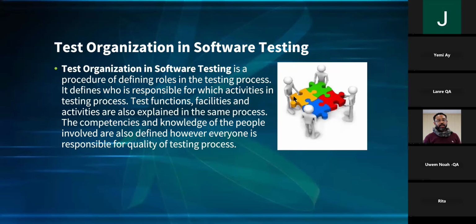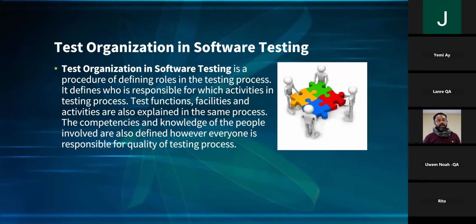Color yellow, we'll talk about maybe functional testing. Color blue, we do the exploratory testing. So you could bring these various expertise together. Test functions, facilities and activities are also explained in the same process.